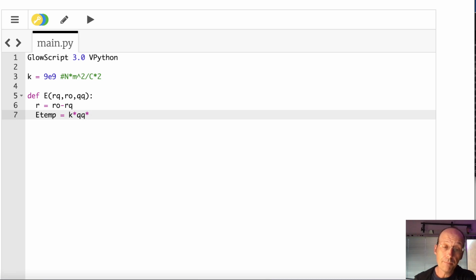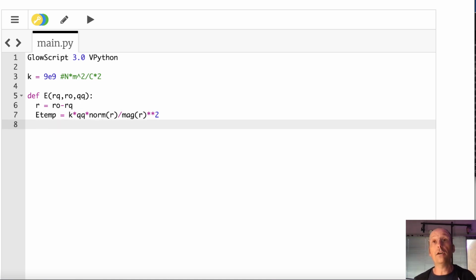In VPython, there is a function to give the unit vector for a vector. It's just called norm r. And then I need to divide by the magnitude of r, and yes, there's a function for that. So I'm going to say mag r, and I need to square that, which in Python is star star. So I've calculated my electric field. I just need to return the actual value. So I can say return E temp.